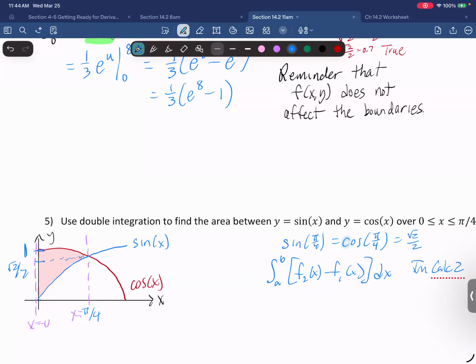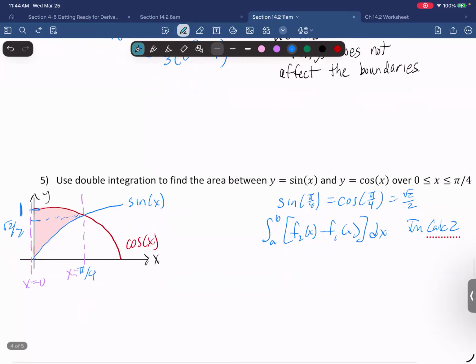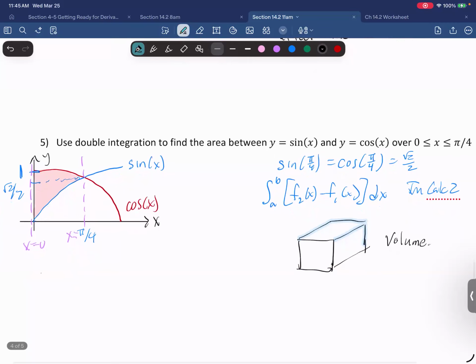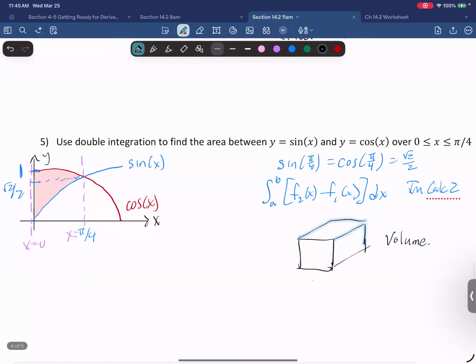But this says use double integration, which means I'm going from an area to adding another dimension. Let's say it was a box, a square, and we add another dimension. We now have this going on. So that looks like we're looking at a volume. Let's use length and width and height.